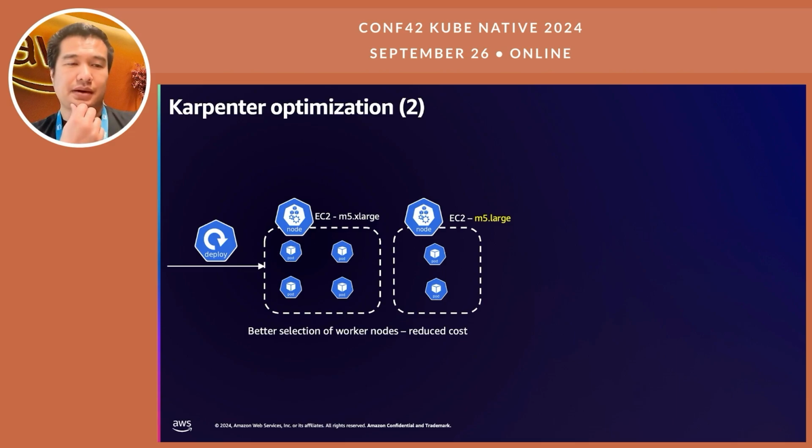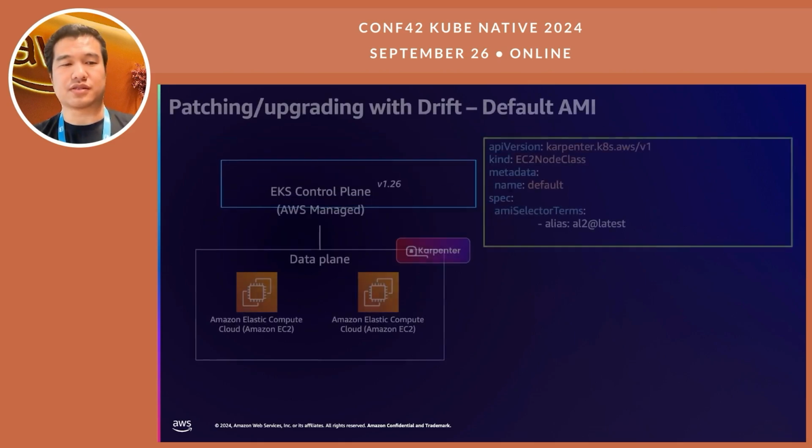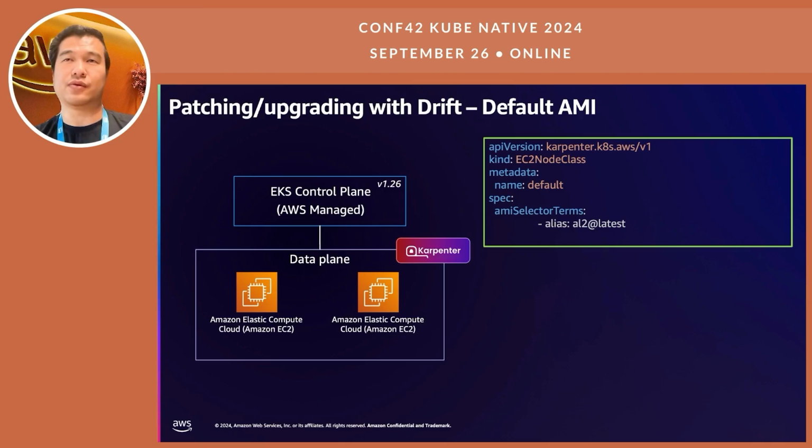So how about some other features as well? Recently, we launched Karpenter version 1.0. So this feature is also supported, that you can do automatic upgrades by detecting drift of the Karpenter configuration. There is another custom resource called EC2 NodeClass. Here, you can specify the image that you would like to use, the security group, and also the availability zone as well.